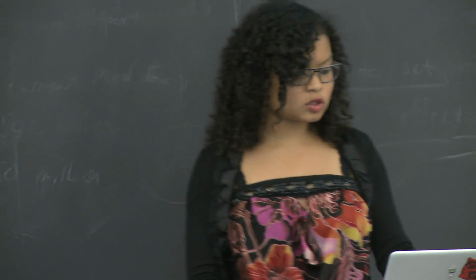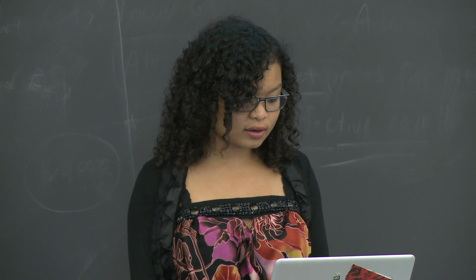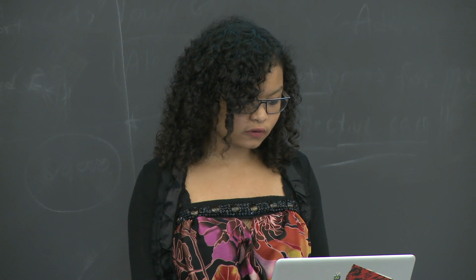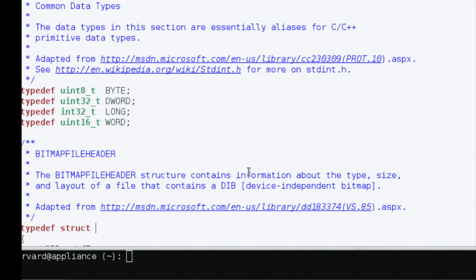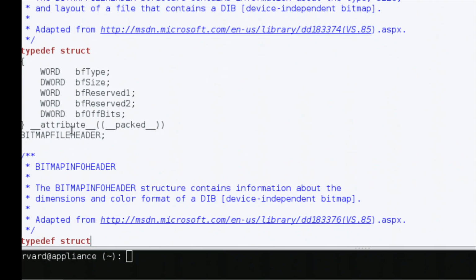All right, so now that we've talked about the structure of that, let's take a look at the BMP file. Essentially these are structs made for you. Here we have a bitmap file header struct that contains, of interest, the size.